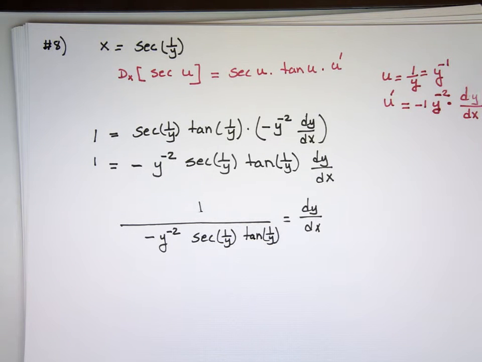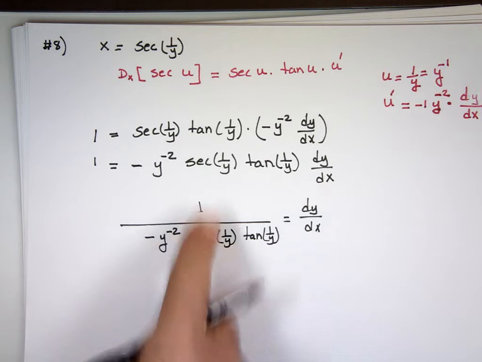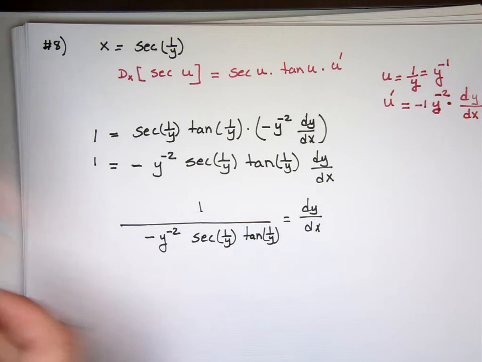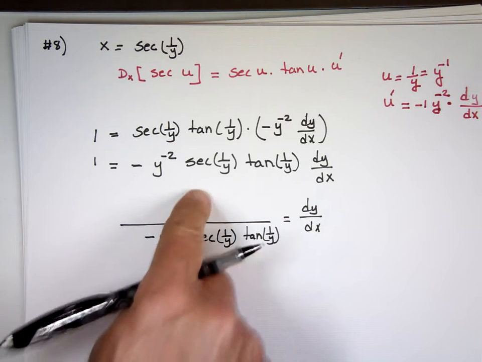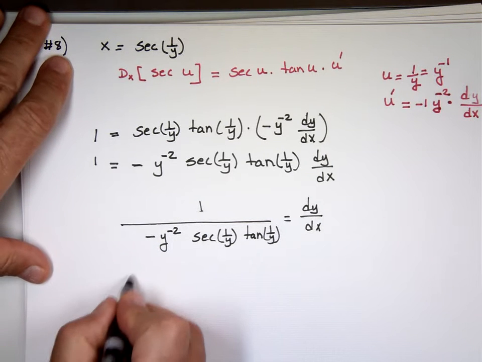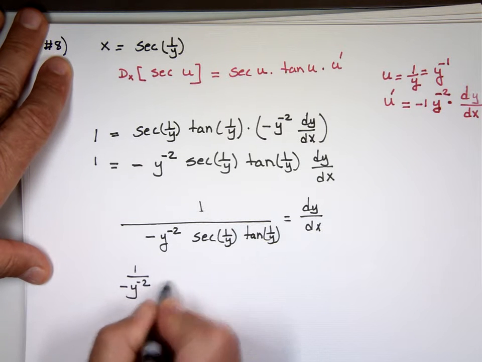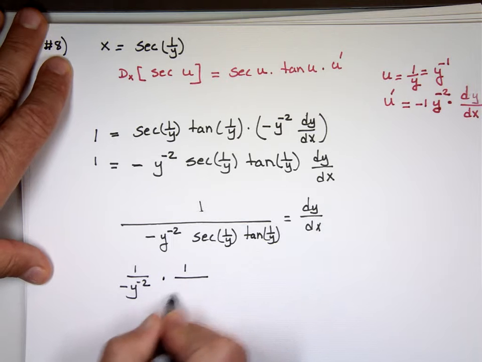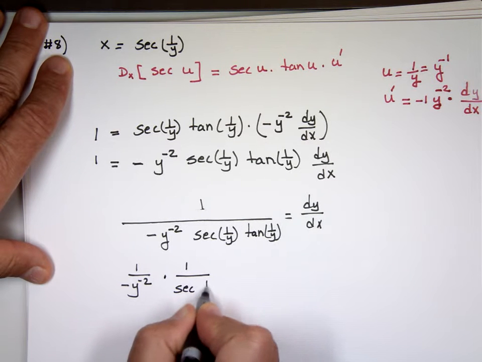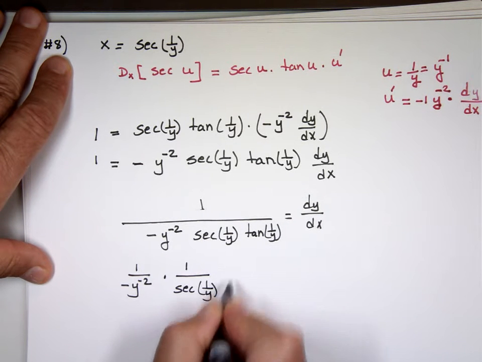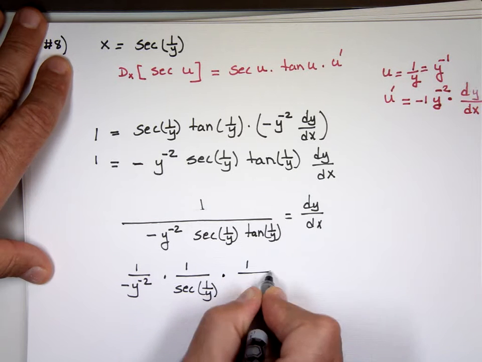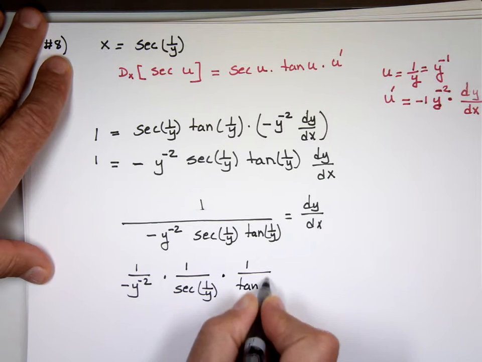Let's think about this. Could I rewrite this? This is fine, actually. There's nothing wrong with that, but they're probably going to play with the algebra. You can write this as 1 over negative y to the negative 2 times 1 over secant of 1 over y times 1 over tangent of 1 over y.